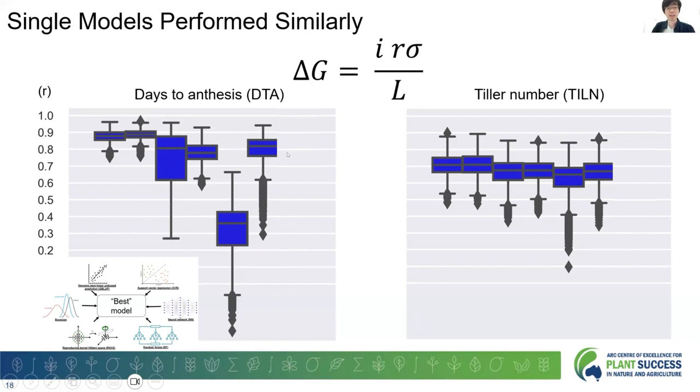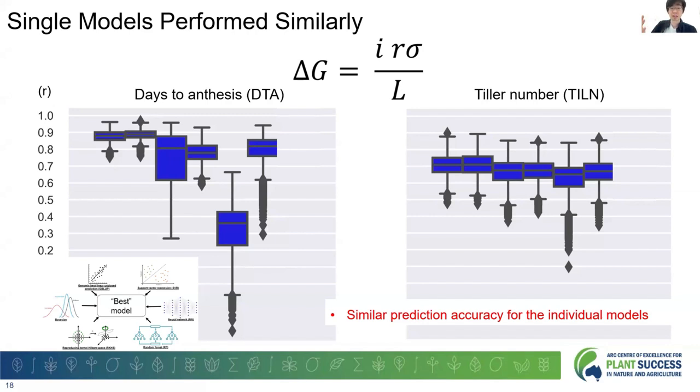As we can see, in many cases single models perform similarly. That's why it's difficult for us to pick which model we should use to predict the target phenotypes, and difficult to further enhance the selection accuracy and genetic gain as a result.